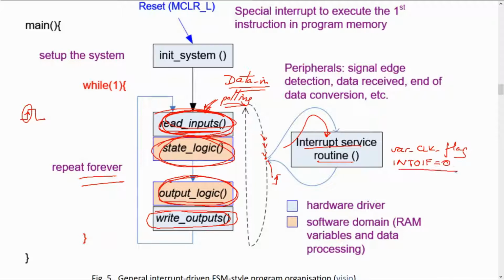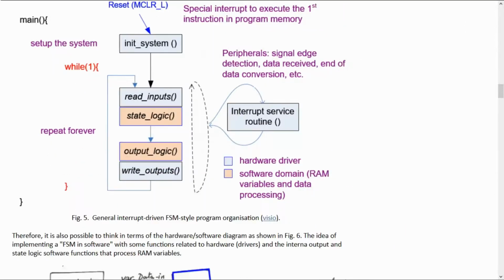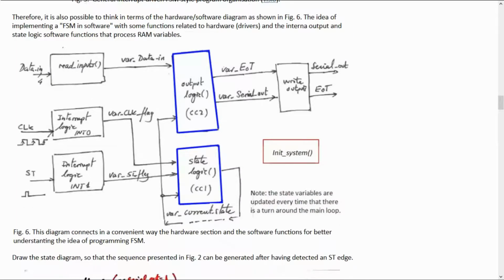So you will clear the hardware flag, so the hardware will be able to detect another edge later on when it happens. And you will set the variable clock flag, the software flag, to 1. In this way, the state logic can decide where to go next. That is the idea of the software organization. And this is what we do in this example and many more, all the time the same way when talking about finite state machines.